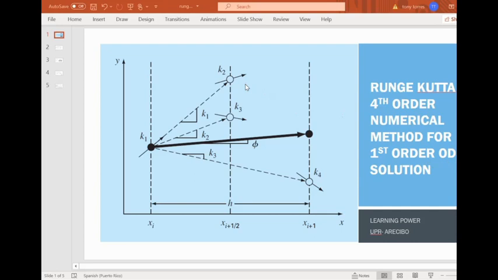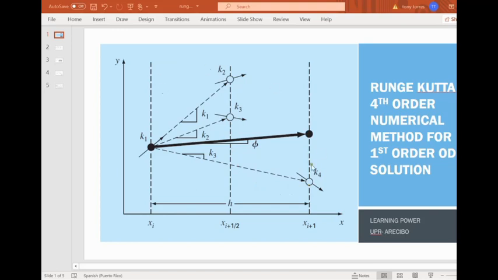Remember, the Euler version only calculates one slope. Basically, if you remember, that would be like a K1 here, this slope here. But in the case of Runge Kutta of fourth order, we will calculate basically four slopes, which are going to be K1, K2, K3, as shown here, and finally a K4.